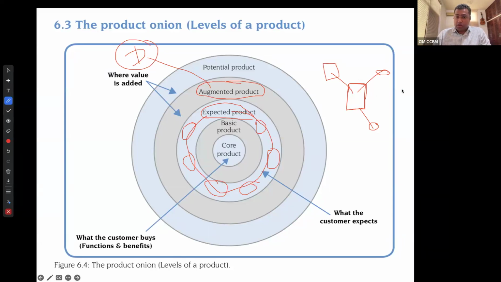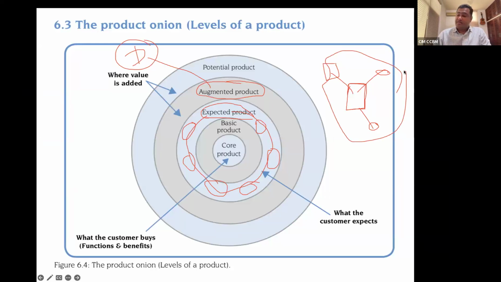So if you check into a hotel room, how can you differentiate? How can Cinnamon Grand differentiate from Hilton? Cinnamon Grand can say, we will give you breakfast free. We will give you entry into these restaurants, and we will give you buy one, get one free.